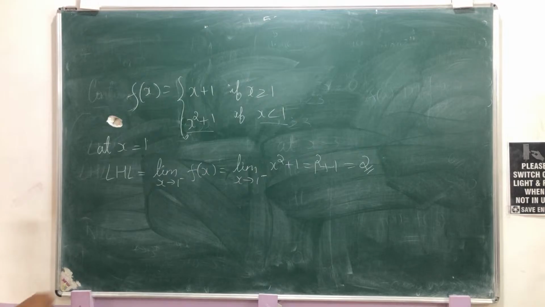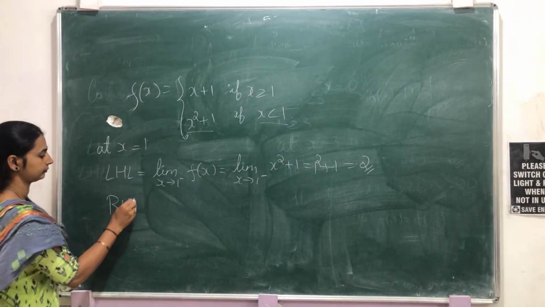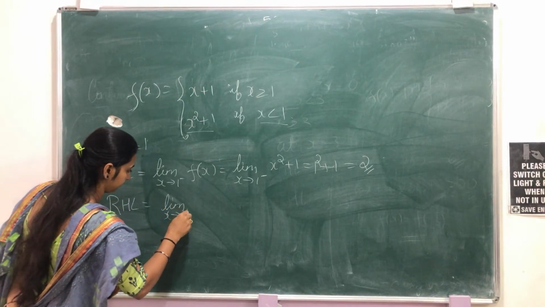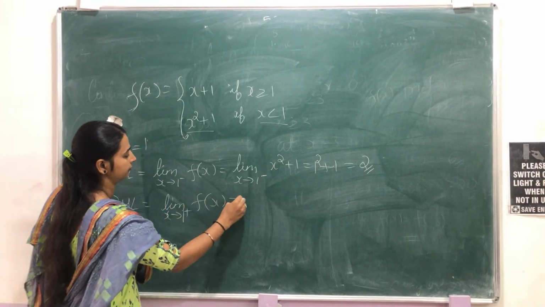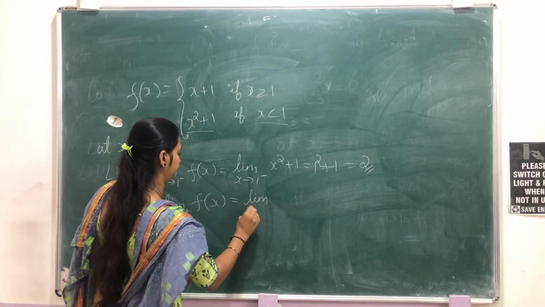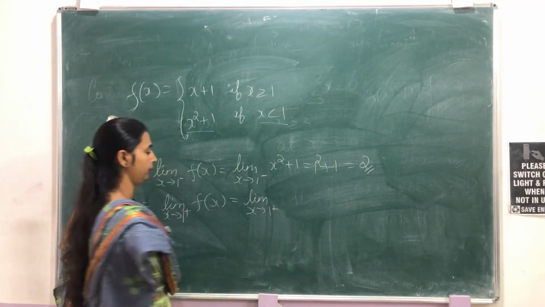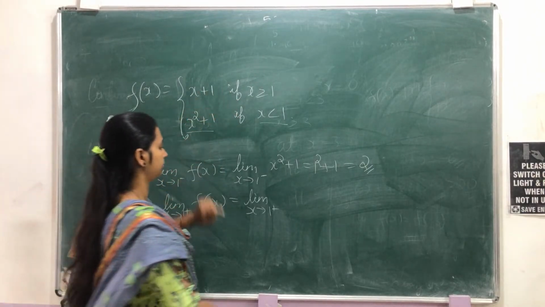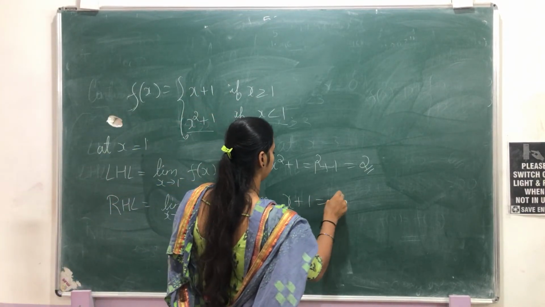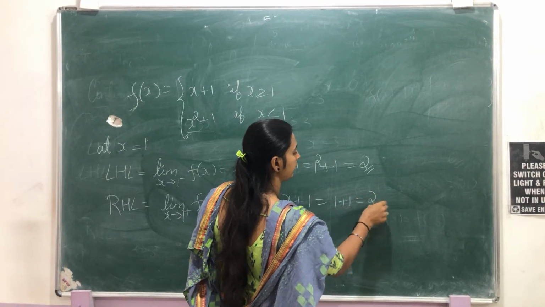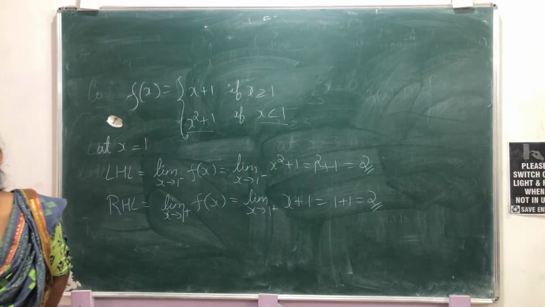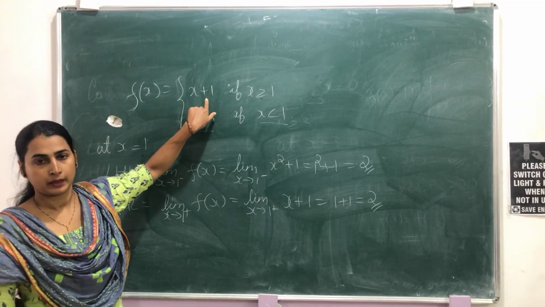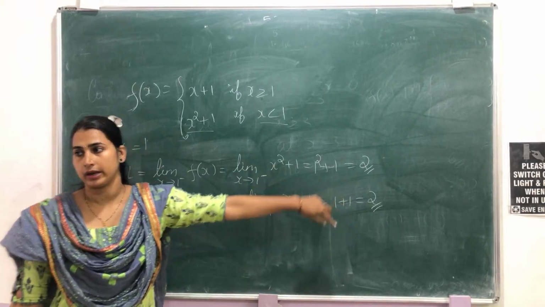What is right hand limit? So here both are equal. And what is value at that point? When it is equal also, same thing. So everywhere you are getting the same value.